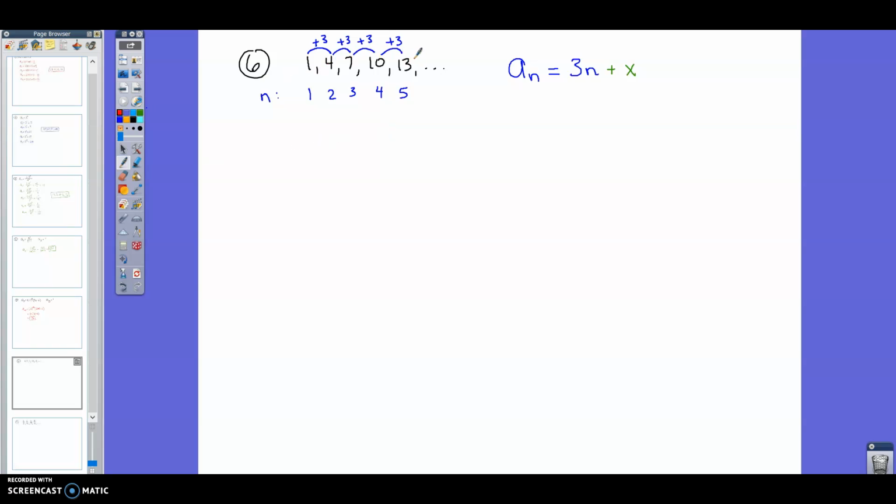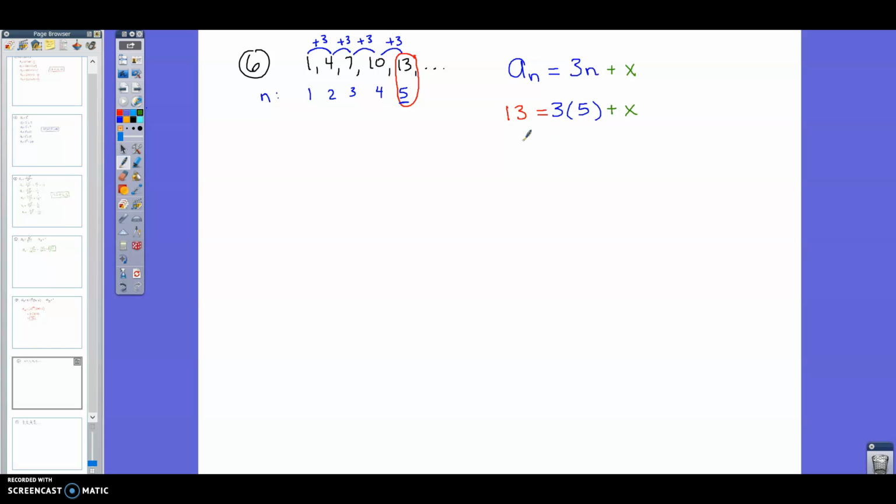Let's choose this term here, our 5th term. Anywhere there's an n, I'm going to place a 5, and where the a of n part is, I'm going to replace it with 13, because we know what the answer is there. So we have 13 equals 3 times n, which we know is 5, plus x. We're going to solve for x to get the number that's added or subtracted to make the entire rule true.